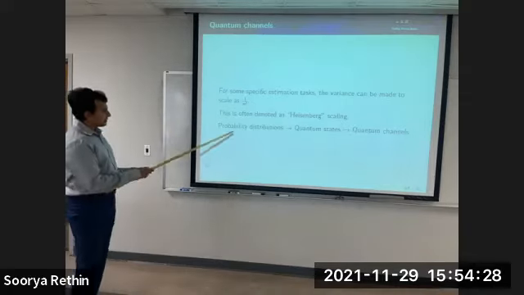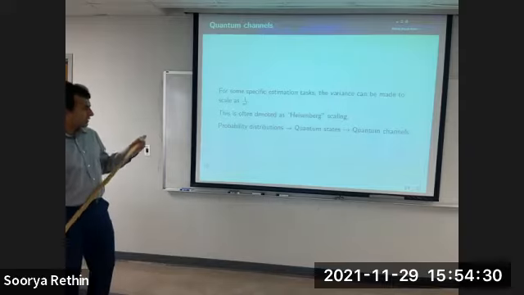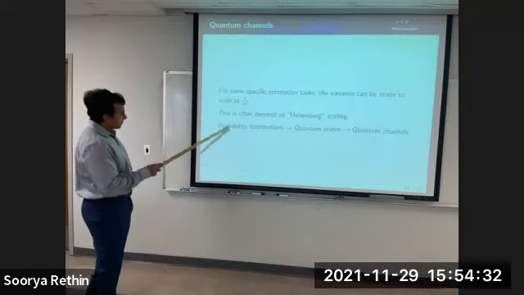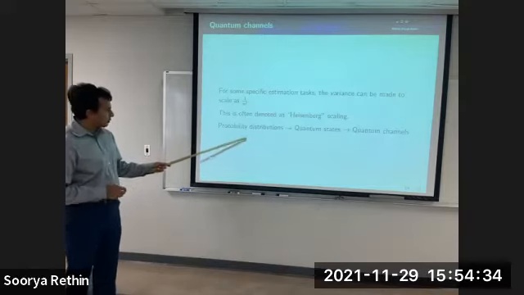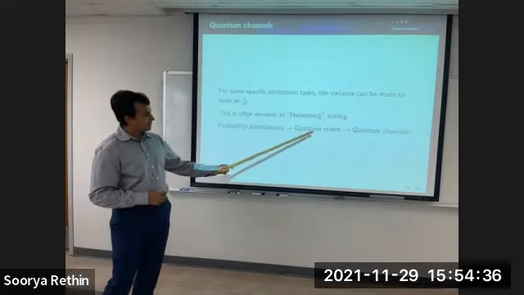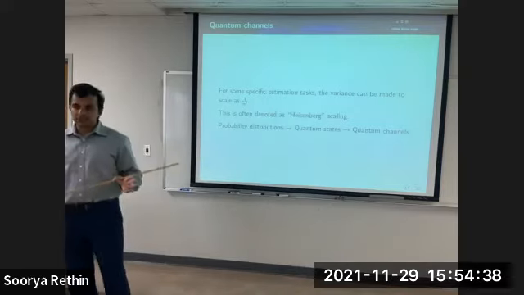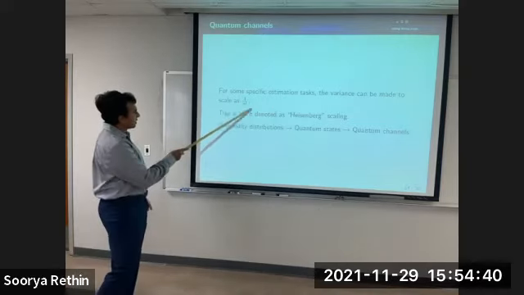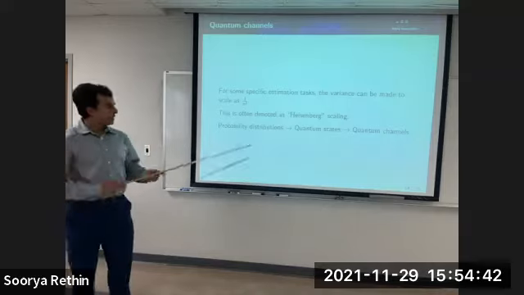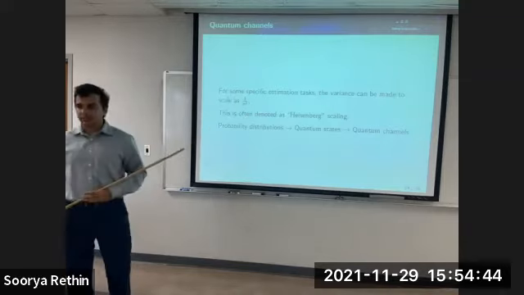And this is just a repetition of the line I had in the outline slide. So what we've done so far is develop estimation theory for probabilities, extended it to states, and now we're going to extend it to channels and show how we can attain this new limit of 1 over n squared.